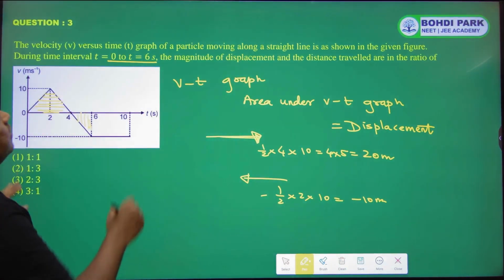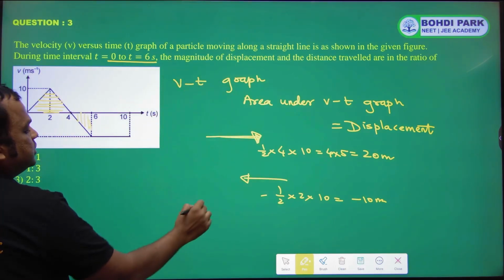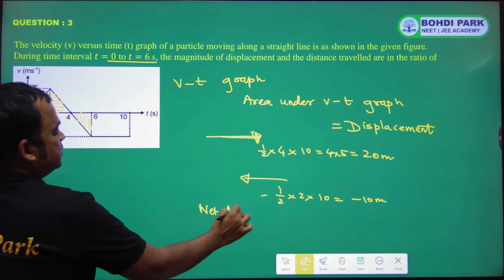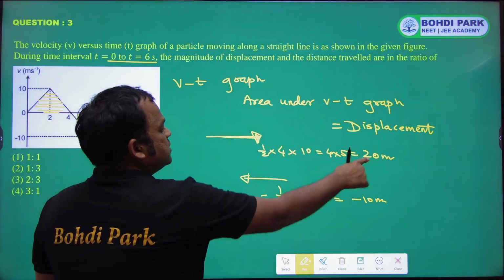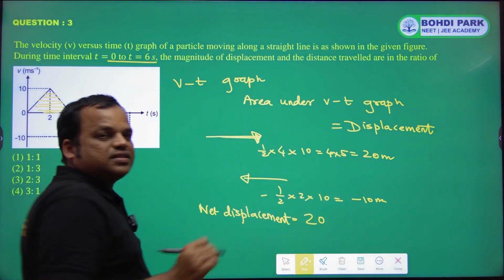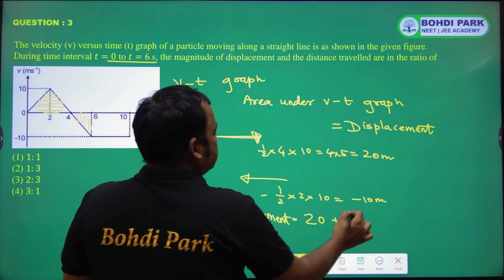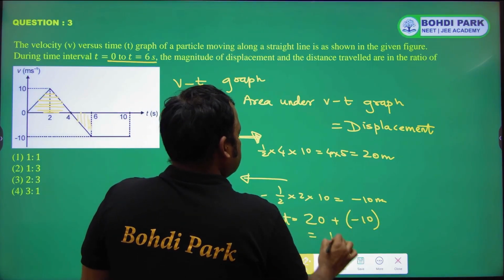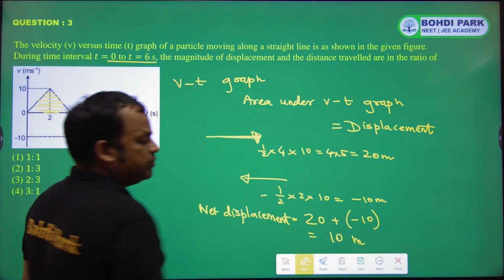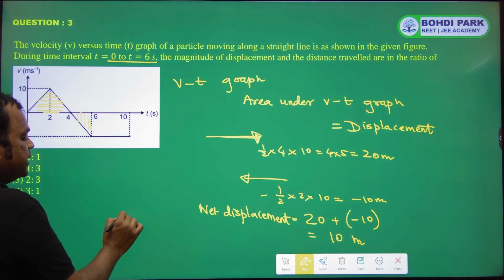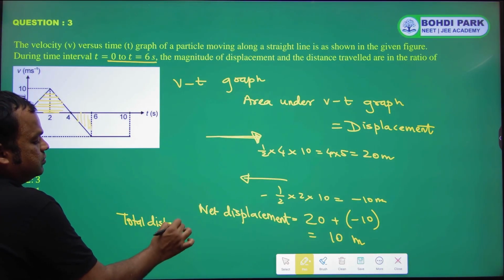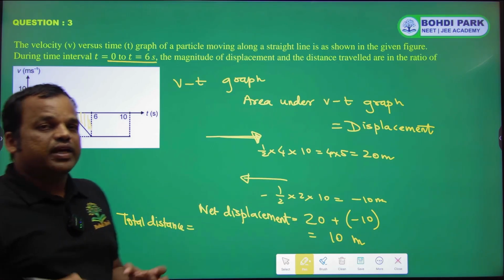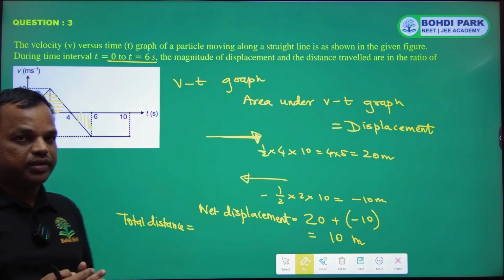So we have to find magnitude of displacement. So net displacement, first displacement plus second displacement, total displacement is 10 meter. Okay, and total distance, now distance we have to take magnitude of both the displacements.